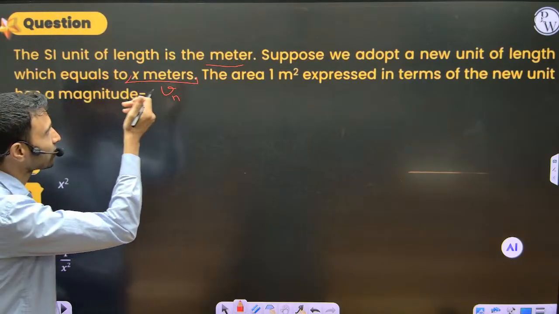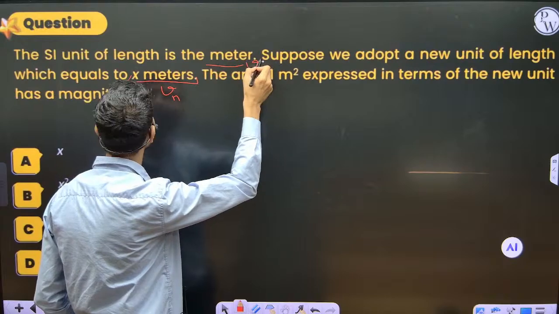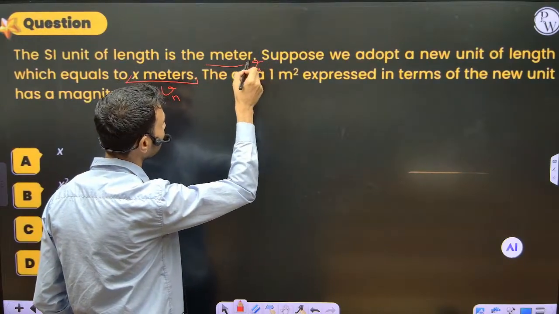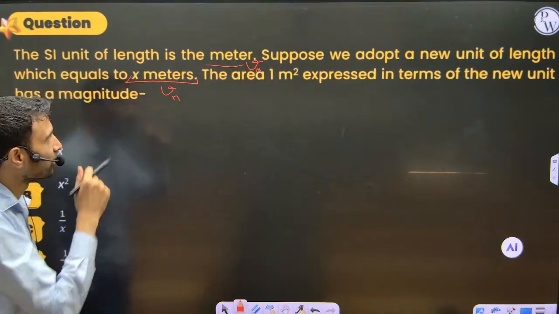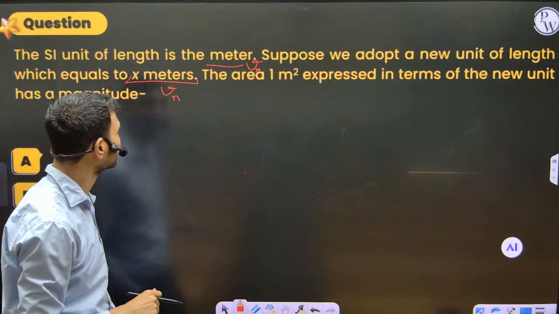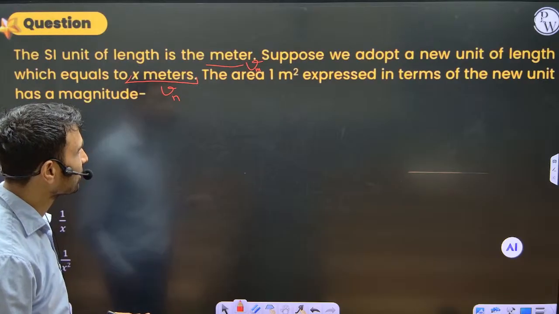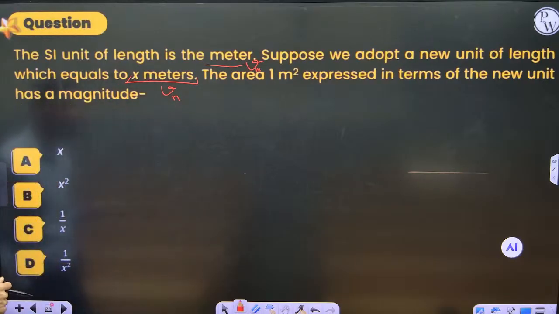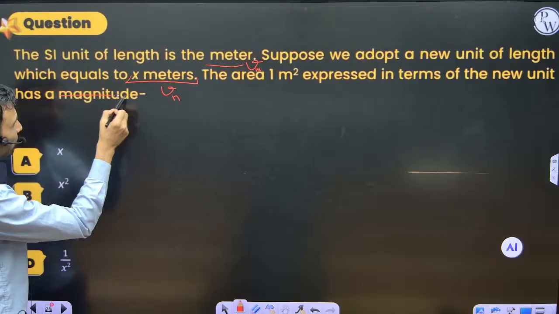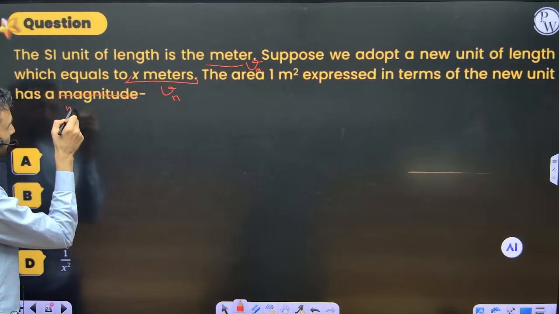And this one is which unit? SI unit means MKS, right? MKS is meter, whereas the new unit is this. Area of 1 meter square expressed in the new unit has what magnitude? Actually, it should not be magnitude. That's a wrong question. It should be numerical value, number.